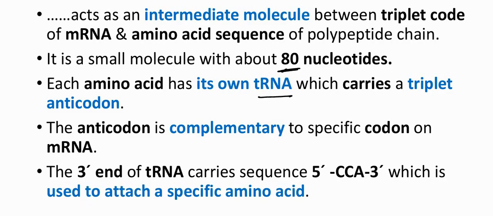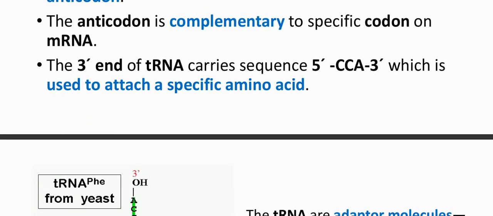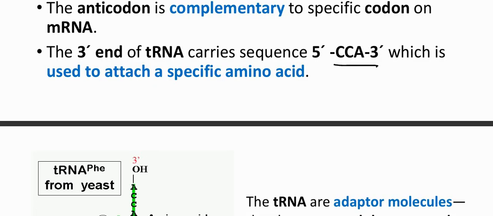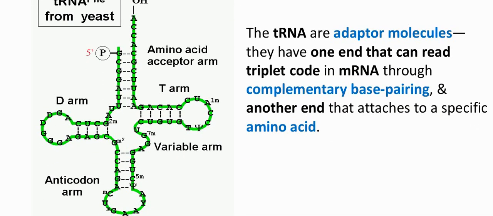So right here, there's always a sequence which runs from 5' to 3', which is used to attach to that particular amino acid. At the end of each transfer RNA, there's going to be this sequence, CCA, which is used more like a stopping type of sequence.